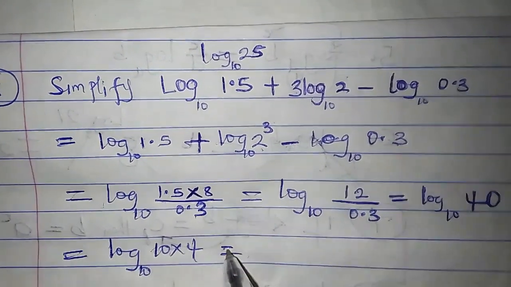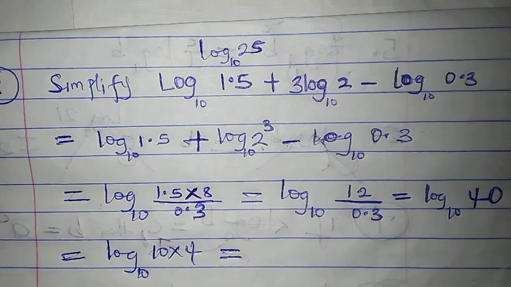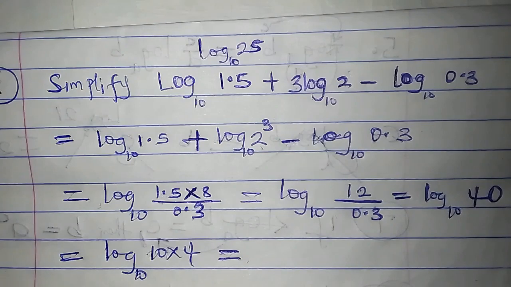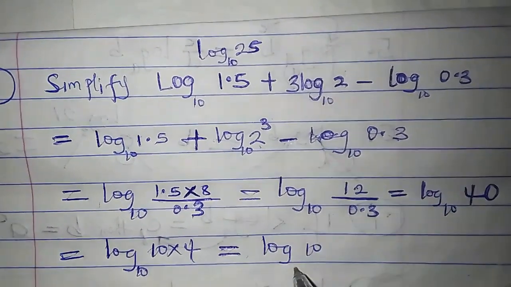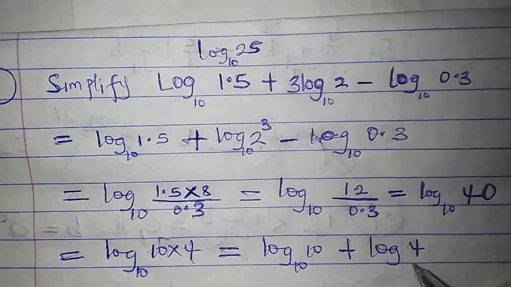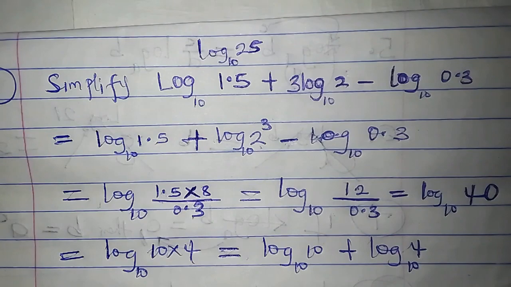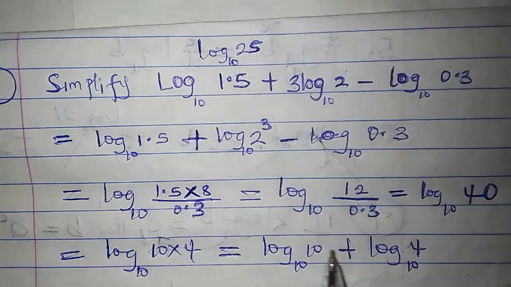And this is equivalent to, if I split the logs, and when I'm done with the splitting, you will understand why it was split. Log 10 base 10 plus log 4 base 10. You know that by the law of logarithm, from here, I can get this, because there's an addition sign in between, so I'll multiply the numbers.